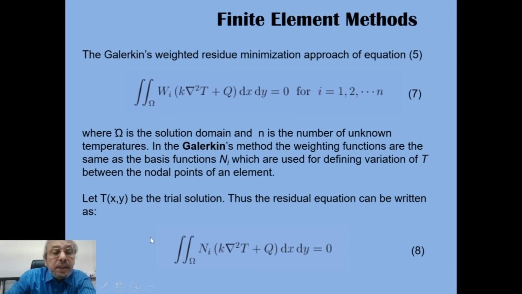So let T(x,y) be the trial solution. Thus the residual equation can be written as the area integral over the domain of Ni times (k grad square T plus Q) dx dy equal to 0. So simply the difference between 7 and 8 is that the weighting function we have substituted by the shape function or the basis function.